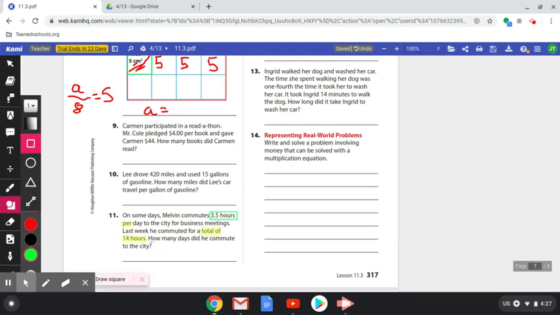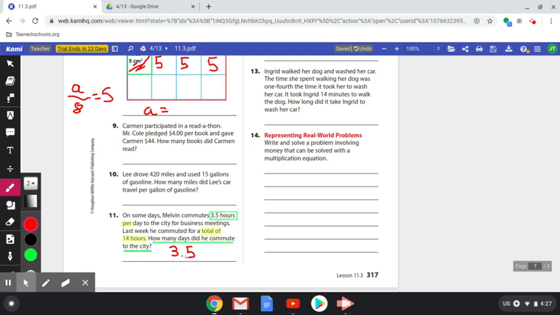We don't know how many days did he commute. But again, what we do know is that he commutes 3.5 hours per day.